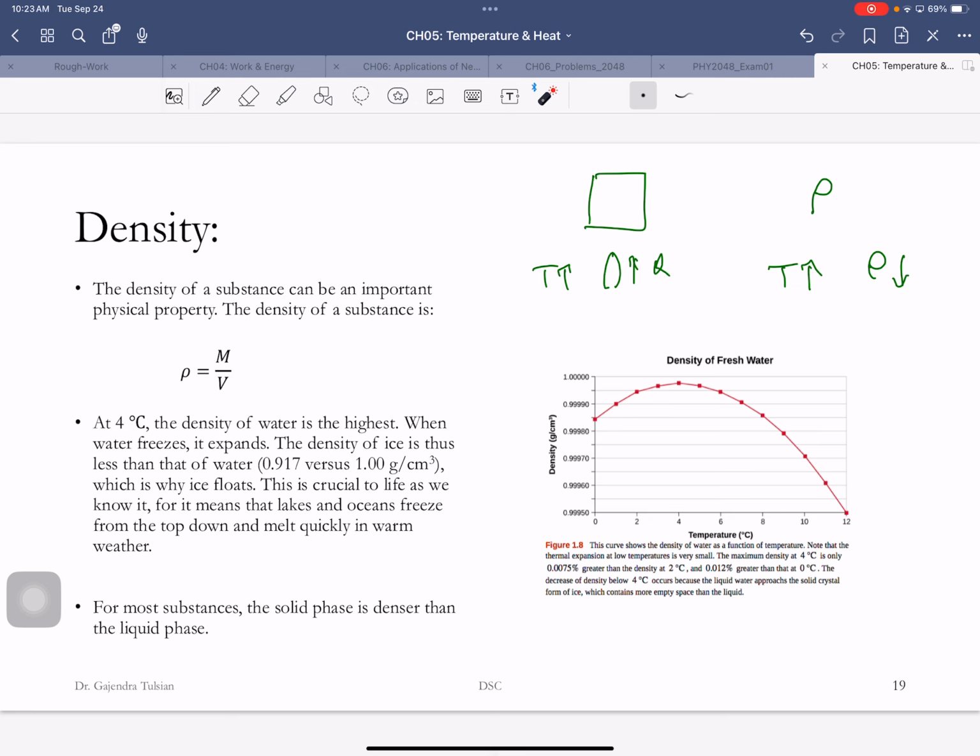It's about 10 in 10,000, a very small effect, but we'll see why this is important for life. In addition, when you freeze water, ice is less dense and it floats in water. We all know ice floats in water.